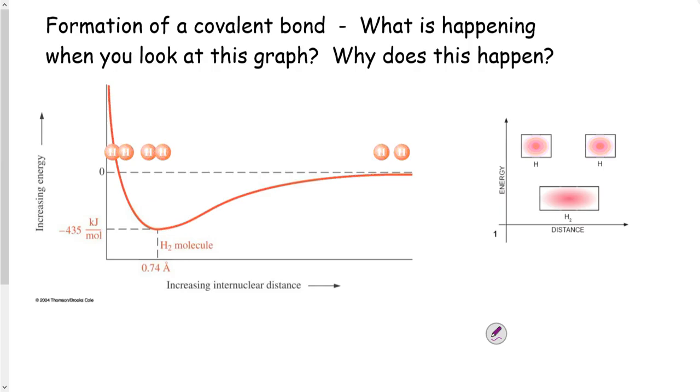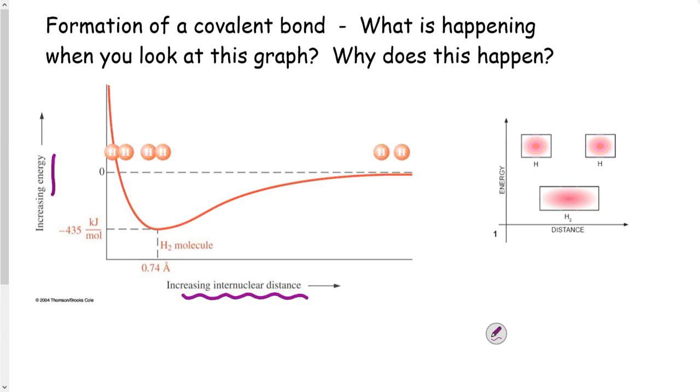With the formation of a covalent bond, you will notice that we are focused in on 2 very important things happening. Number 1, energy, and number 2, increasing or decreasing internuclear distance. So for example, and both illustrations show us this, but I'm going to use the larger of the two.